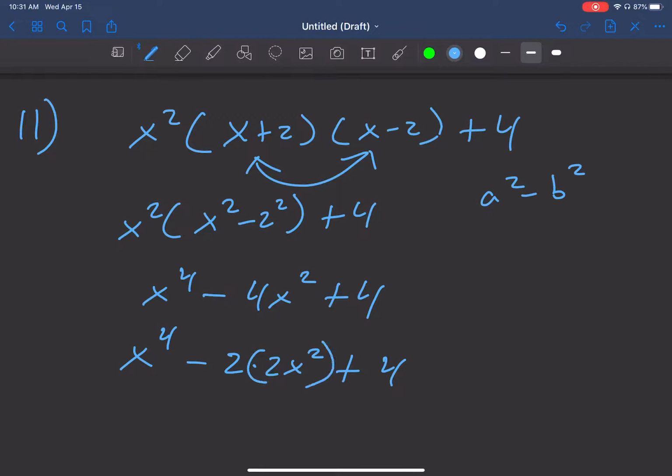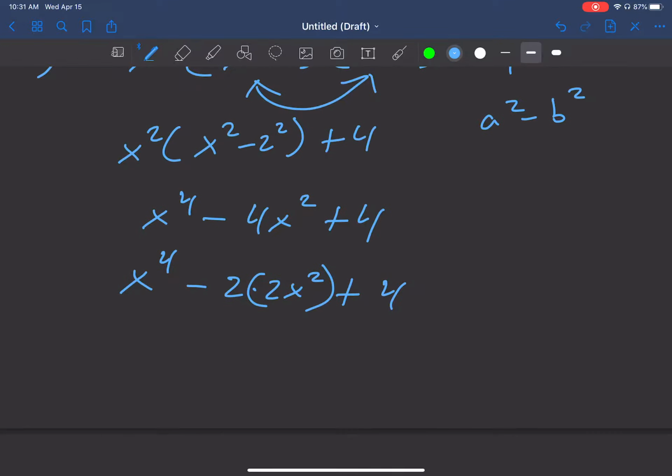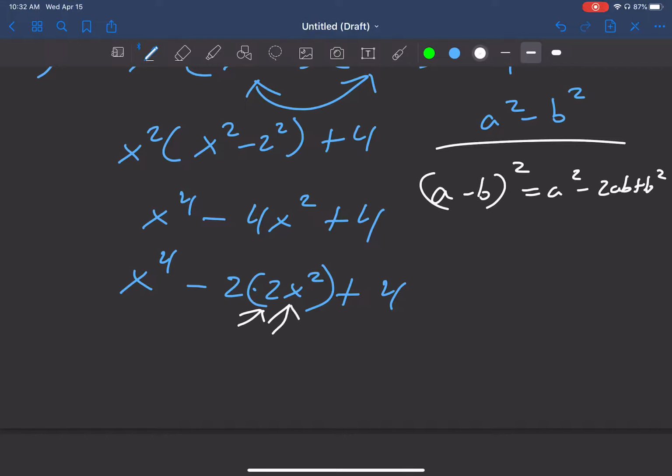And this looks like a formula we've seen many times. This is the a minus b squared formula, which is a squared minus 2ab plus b squared. So this is your a, this is your b, this is your a squared, this is your b squared. Do we see how we're just using this formula here on the right?